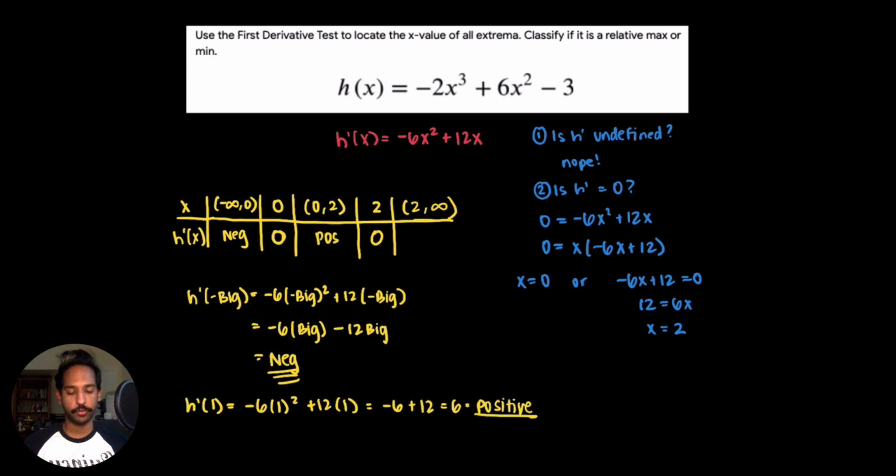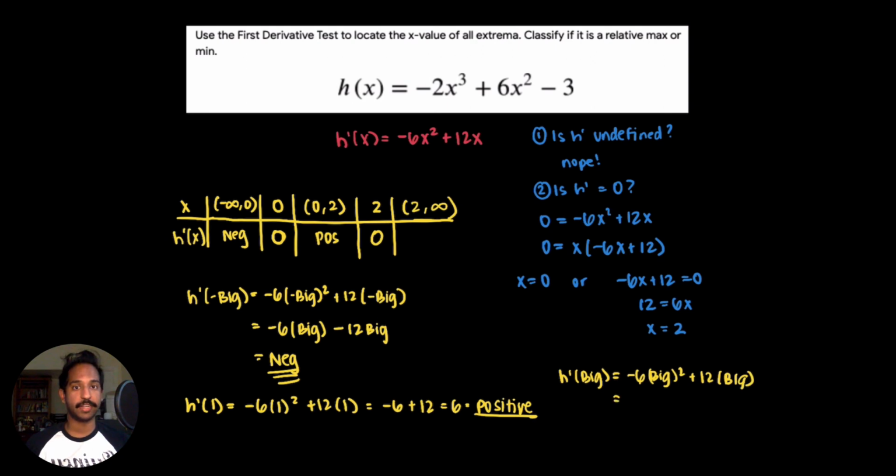And then 2 to infinity, we can plug in any number. I'm just going to say big just because it helps me. The final bit, h prime of big equals negative 6 big squared plus 12 big.